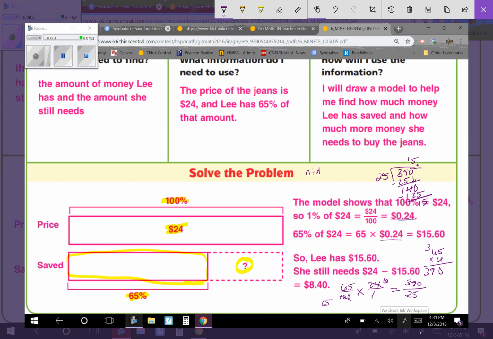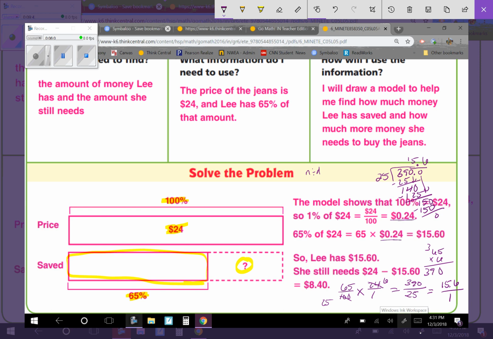Now I have to add a decimal because I'm going to add a decimal here to bring down. 25 goes into 150 6 times. Minus 150, 0 remaining, which gives me 15 6/10 over 1.